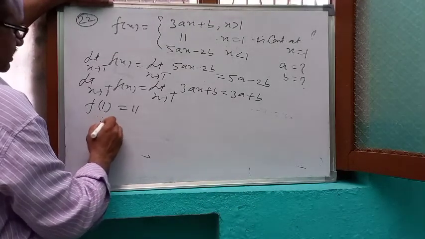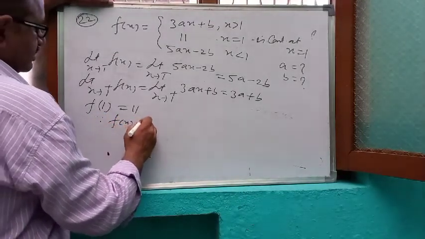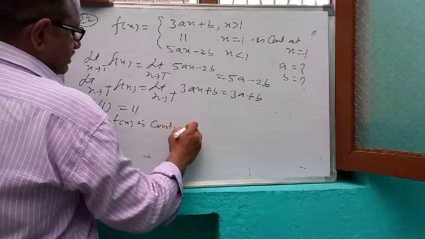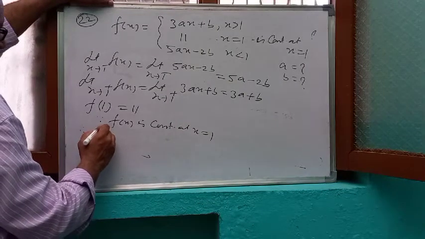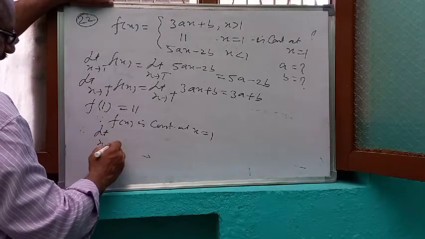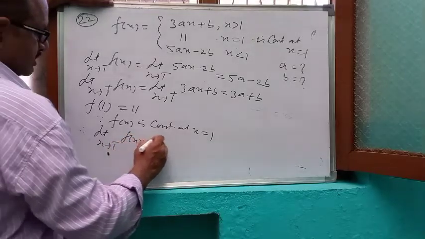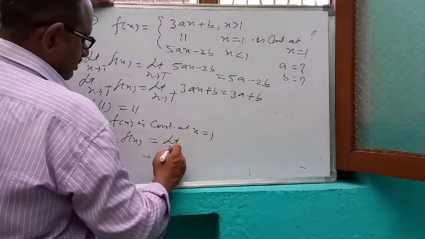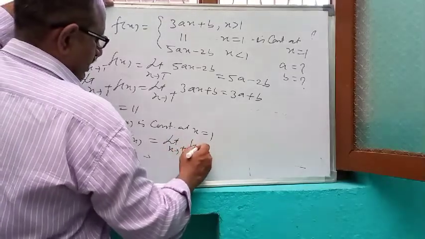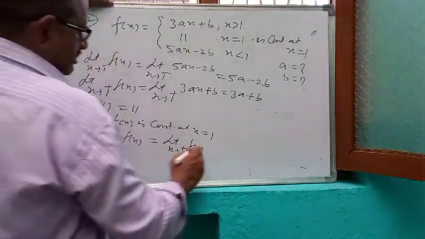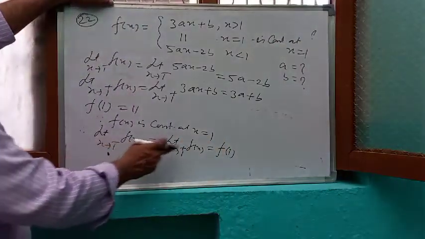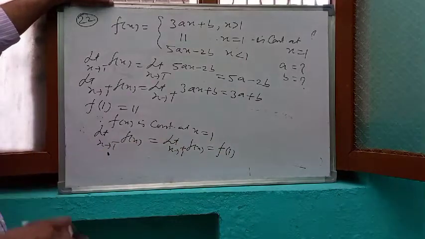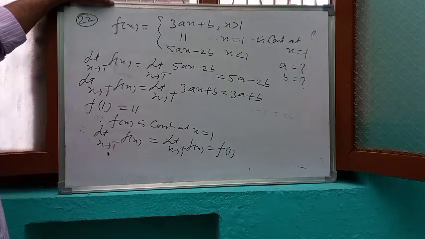Since f(x) is continuous at x is equal to 1, therefore the limit x tends to 1 minus f(x) is equal to the limit x tends to 1 plus f(x), is equal to f(1). Left hand limit, right hand limit, and value of the function at 1 will be equal because the function is continuous at x is equal to 1 by definition.